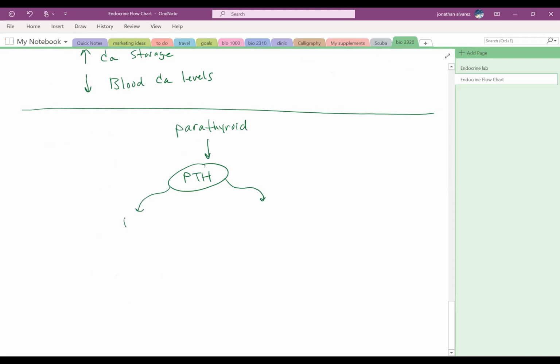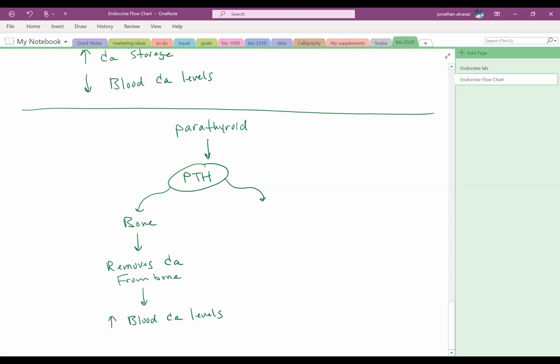When it goes to bone, it removes calcium from bone, and that increases blood calcium levels.